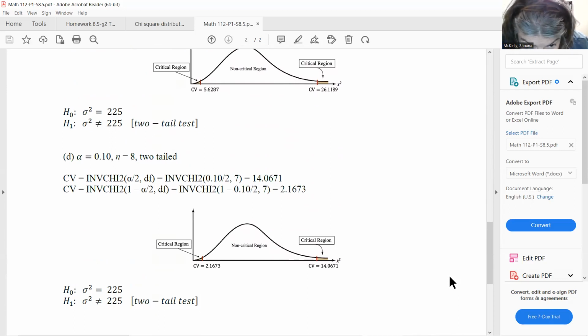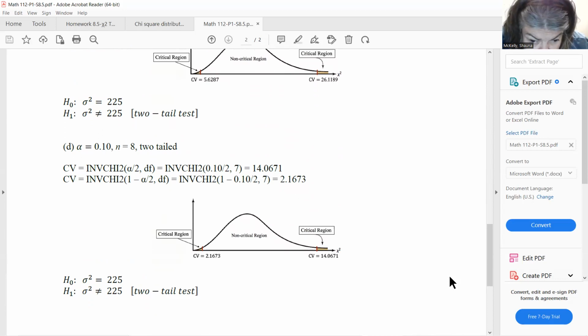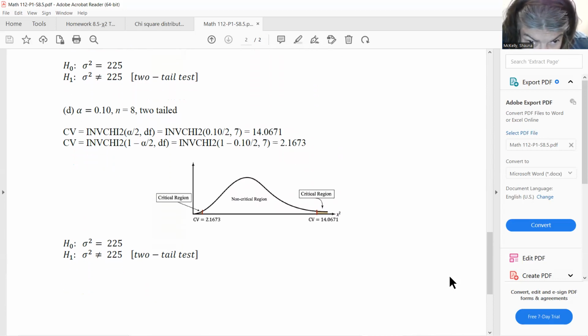And we're going to do another two-tailed test. I'll leave this one on the screen for you to practice. You can pause the video if you choose. Remember, you need to draw these. She specifically asked in the instructions for you to draw this. Okay. So I'll leave that there. Pause the video if you need more time.